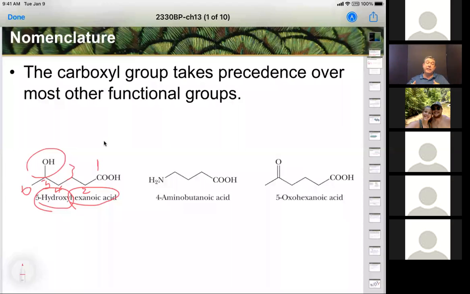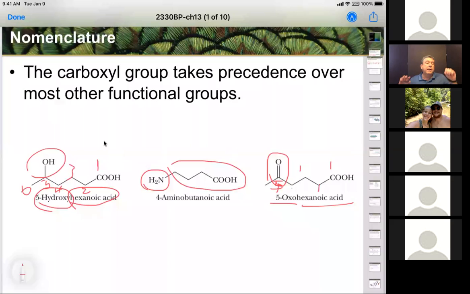This actually makes it easier to know exactly where 1 is, because 1 is always where your carboxylic acid carbon is. Then there's an aminobutanoic acid. And remember, when we have an aldehyde or a ketone in the system, as a substituent it becomes oxo. In this case, we have 1, 2, 3, 4, 5, 6, so that's 5-oxohexanoic acid. All the same rules, highest priority. If you see one, always name it for the carboxylic acid.